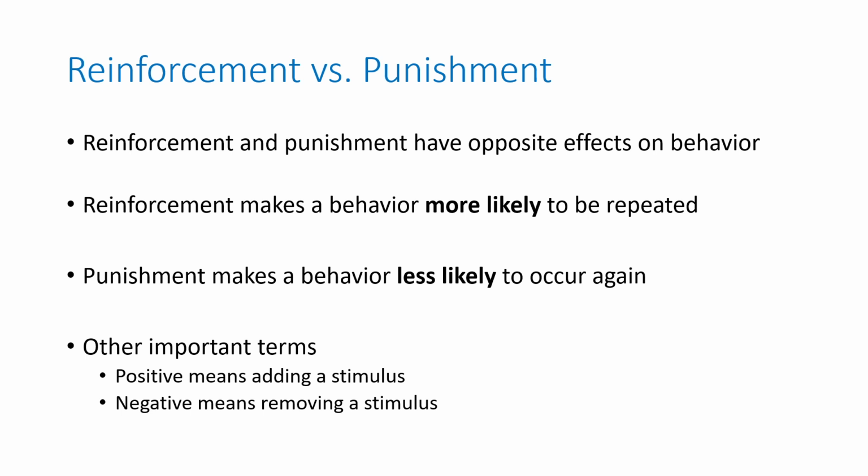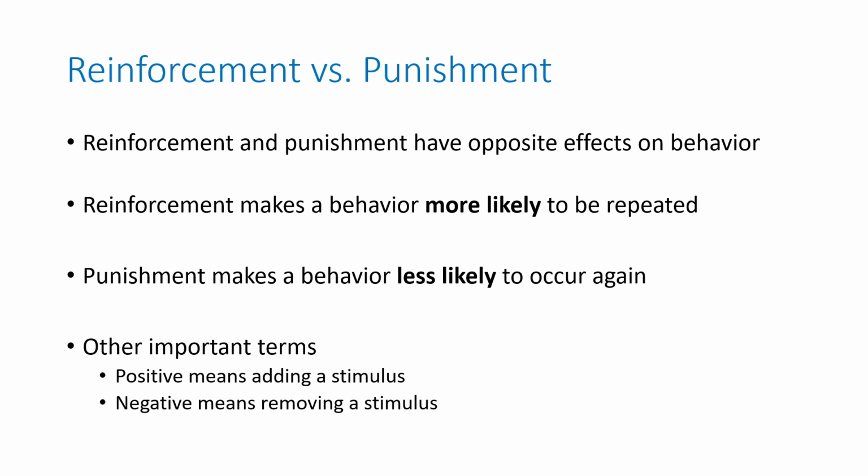So we can't look at the stimuli. For one thing, stimuli are different from person to person. You might find getting a piece of candy to be reinforcing, while someone else might not really care for candy. You might find getting money to be reinforcing, whereas somebody who has plenty of money doesn't really care about another dollar.